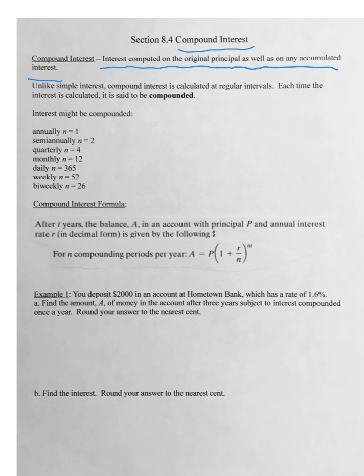Just to give you an example, to expound more on this interest on interest as well as the principal, think of a credit card situation where typically most credit cards you're charged interest on a monthly basis. So if you use your credit card but you do not immediately pay off the entire balance, the remaining balance is carried over to the next month and you make more charges.